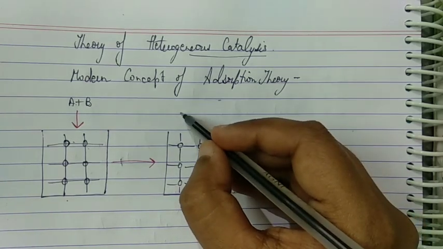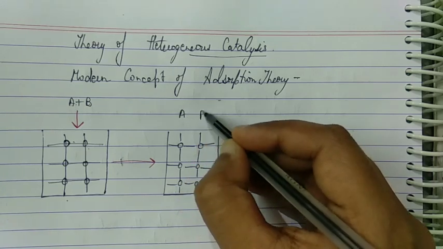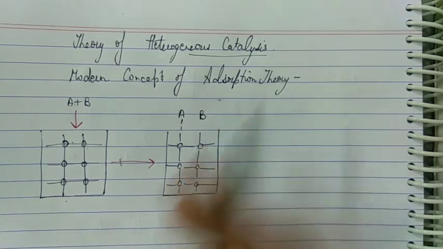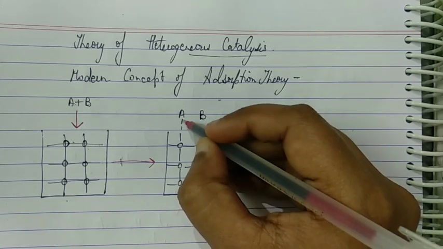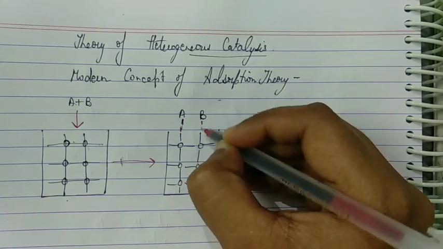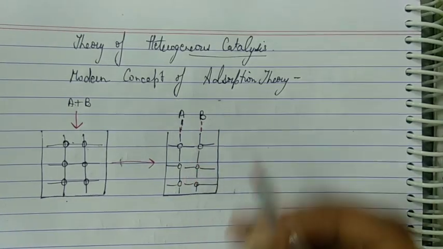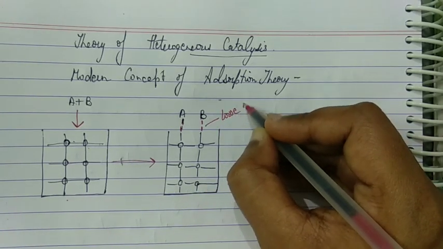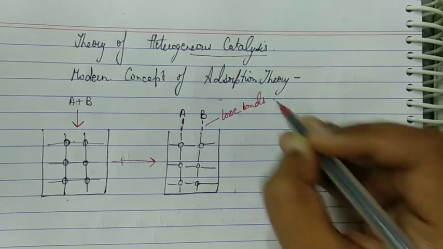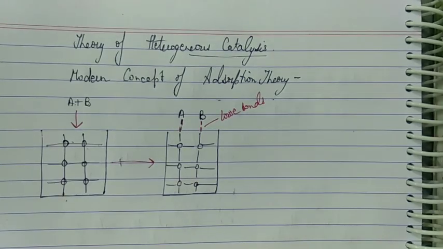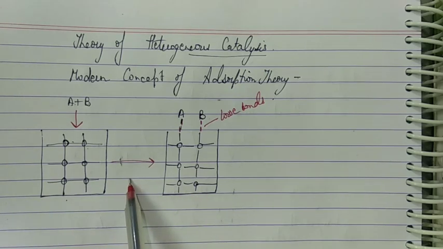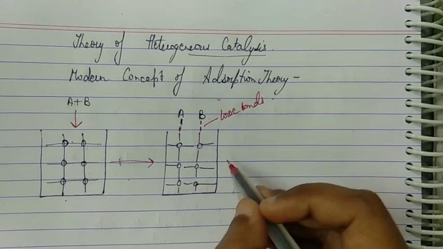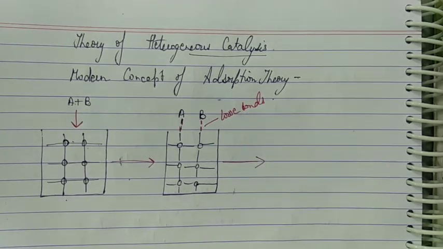Now the reactants which we have taken will bind to the surface of the catalyst by loose bonds. After that, it will lead to the formation of an intermediate product.